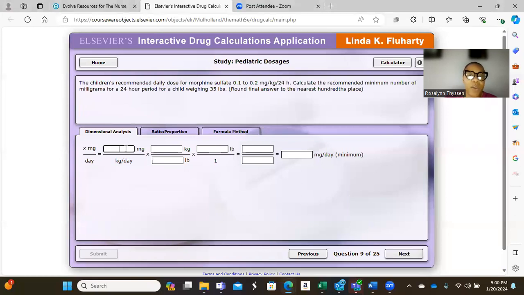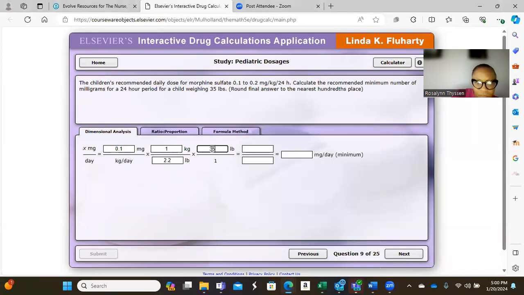All right, so I'm looking for milligrams per day. It said the minimum, so that is 0.1 milligrams per kilogram per day. Got to throw my conversion in there. 1 kilogram is 2.2 pounds times the 35 pounds that I need.